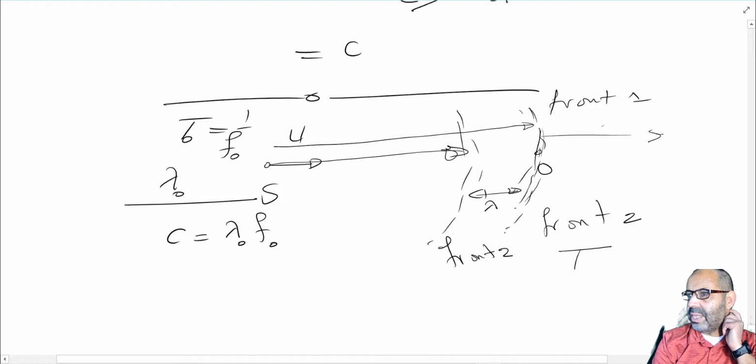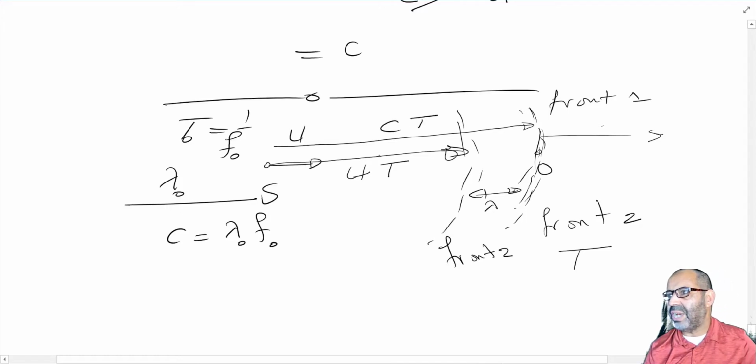So if he measures the time t, the second one must have been sent from this point in space, where the source must have traveled ut. But the first wavefront traveled ct. That's the entire distance that it must have traveled.